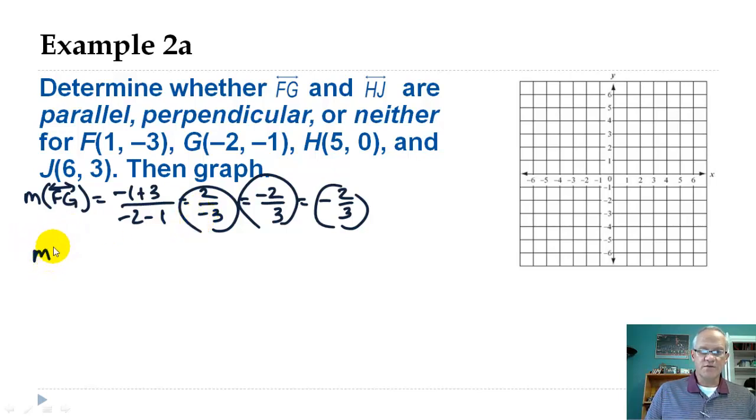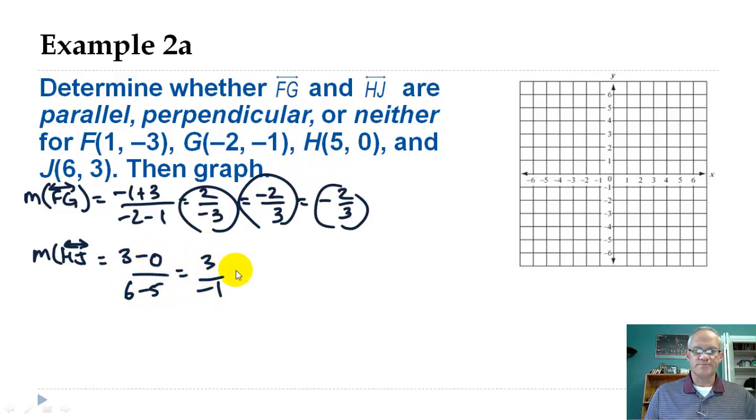All right, so then HJ, here's the slope of line HJ. So now we're looking at this point, 5, 0, and 6, 3. So I'm going to take the second y, 3 minus 0, over 6 minus 5. So again, just doing the slope for both of these, this is going to be 3 over a -1, it looks like.